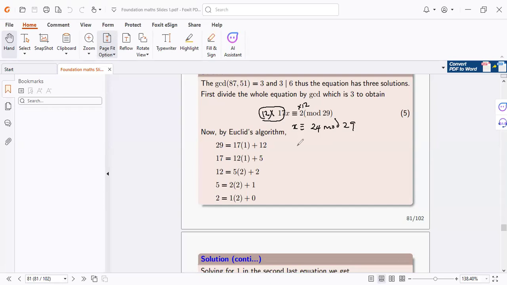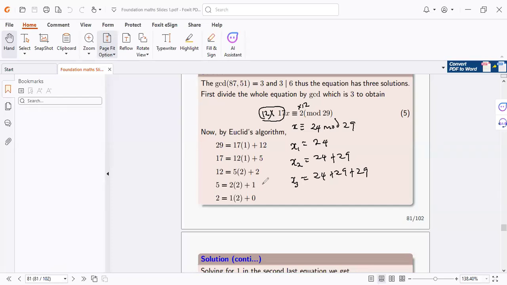Now this system had to have 3 solutions. So the first solution is what we've just got as 24. So the second solution will be 24 plus 29. And then the third solution will be 24 plus 29 plus another 29.